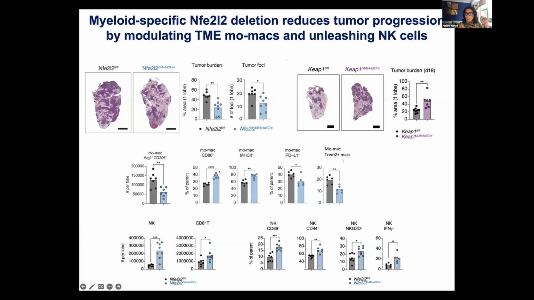But within macrophages, we see a reprogramming, an increased expression of MHC2, of activating molecules. And we saw also increased accumulation of NK cells and CD8 T cells at the tumor site, just by manipulating that NRF2 response.